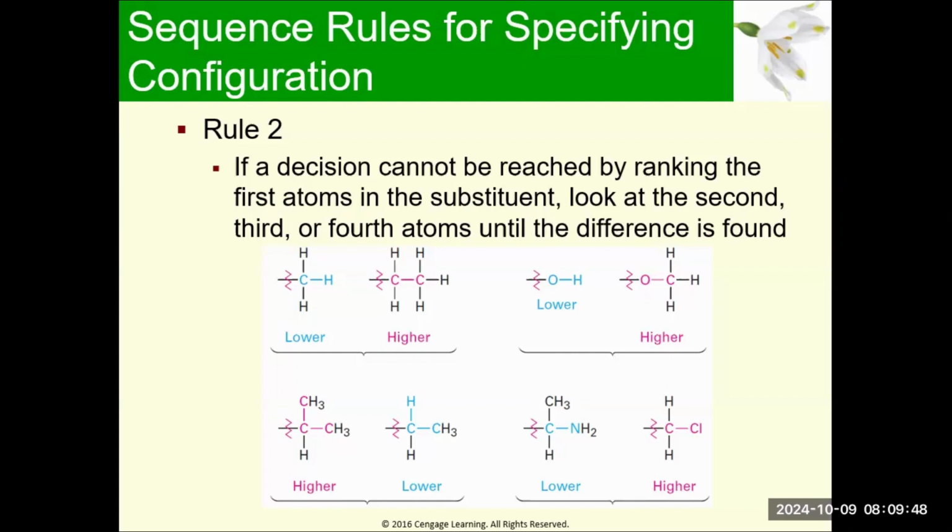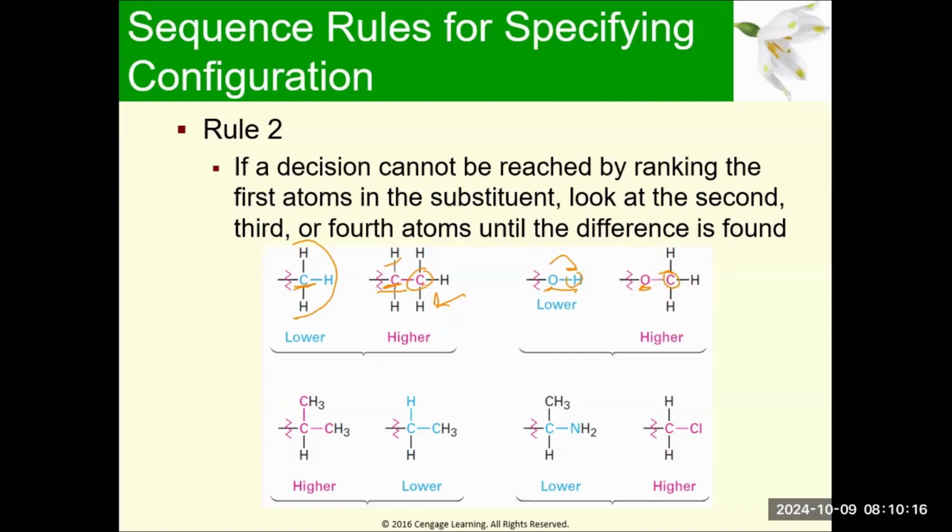If I have a carbon on a substituent bonded to 3 hydrogens, compared to a carbon with 2 hydrogens but the next one is a carbon, this would have higher priority, okay? Again, if you have an OH group, an oxygen and oxygen are the same. However, I go to the next atom, and hydrogen is lower than a carbon, and so forth.